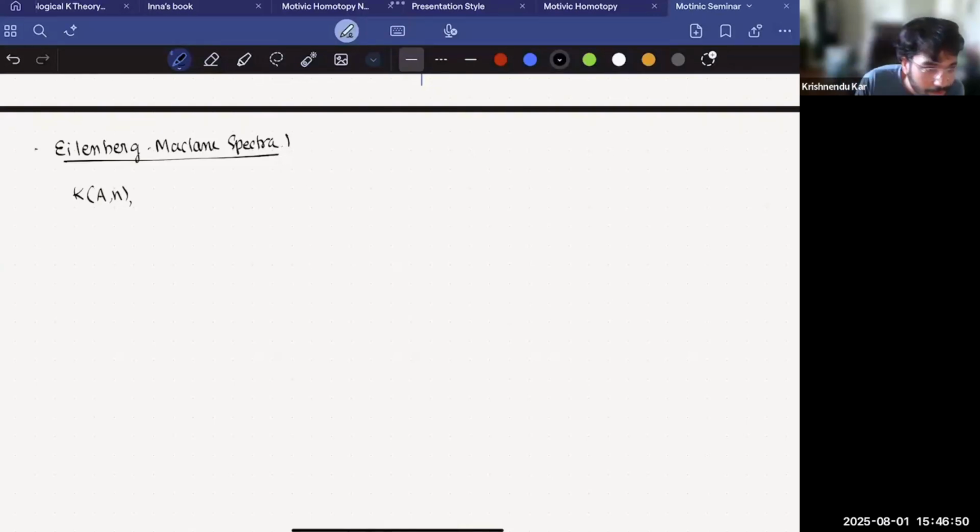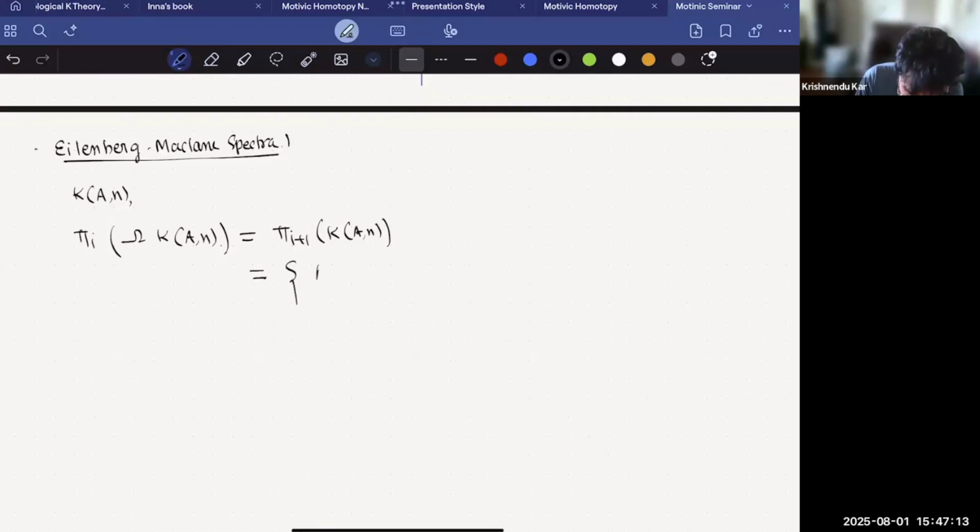Now, if you look at its loop space, this is your pi_{i+1} of K(A,n), and that means that this is your A when i+1 equals n, or i equals n-1, and 0 elsewhere.